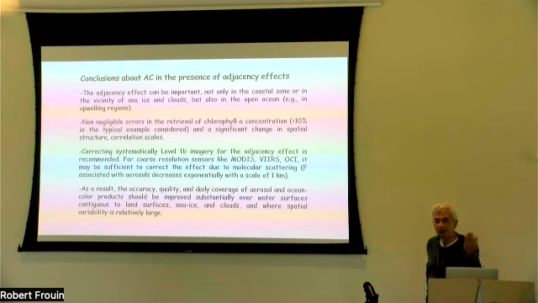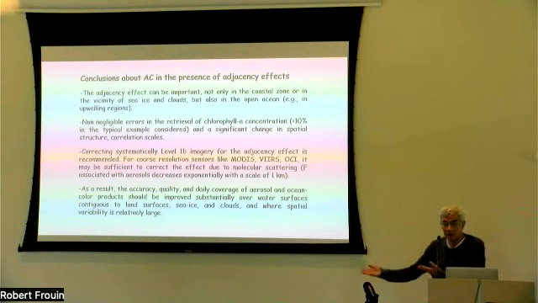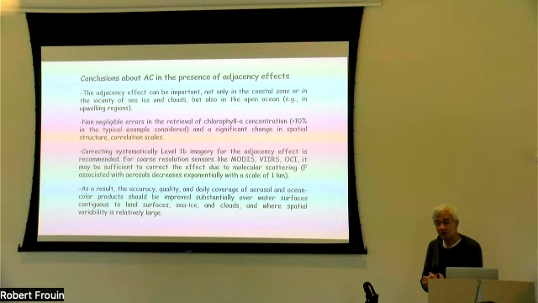This is why, if you look at comparisons with in situ measurements, Polymer tends to overestimate. So this is the drawback of Polymer, but there are other advantages, and the image quality is generally better than the standard algorithms.